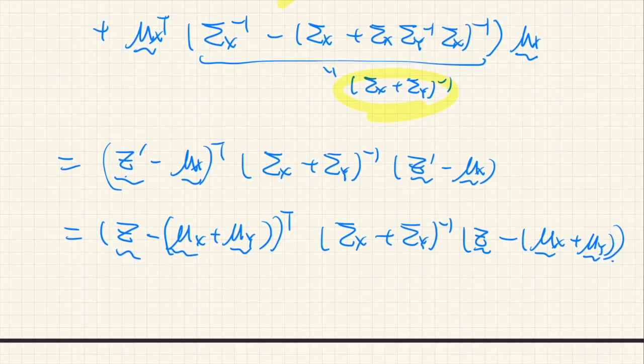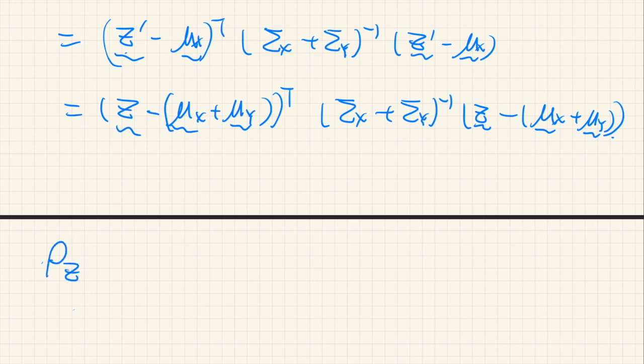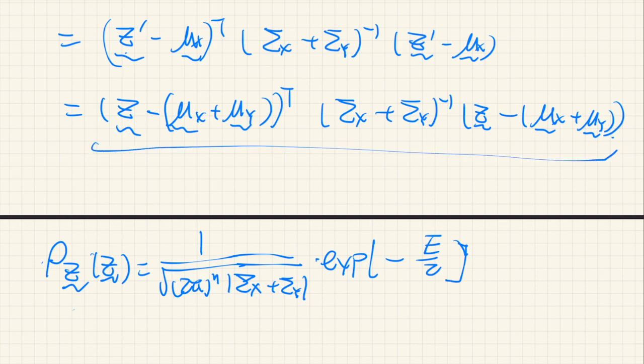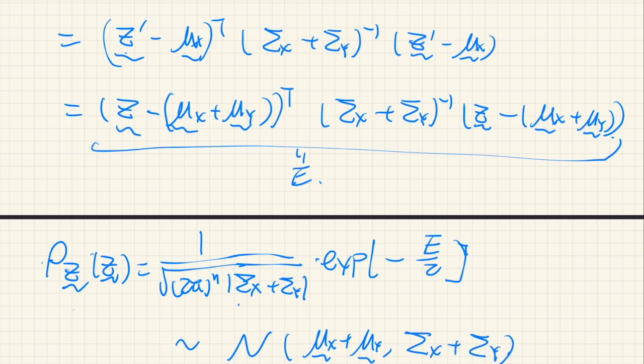So after all, the density function of the random vector z is given as 1 over the square root of (2π)ⁿ times the determinant of Σx + Σy, times exponential of negative E over 2, where E is this. So that means the normal distribution with the mean of μx + μy and the variance covariance matrix of Σx + Σy.